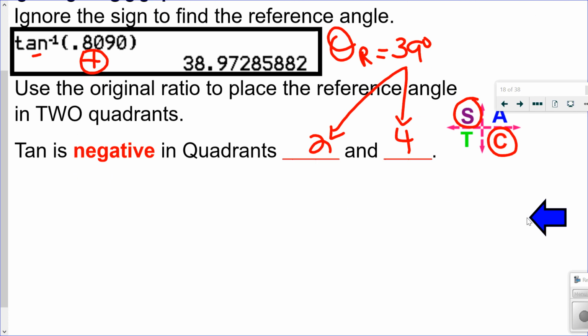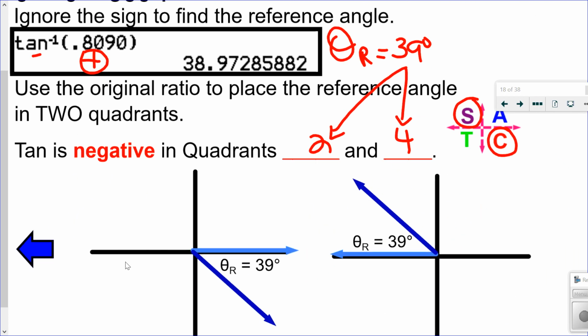Okay, so here we go. A 39-degree reference angle in quadrant 2 and in quadrant 4. In quadrant 2, the angle is 180 degrees minus 39 degrees. So that's 141 degrees. That's one possible answer.